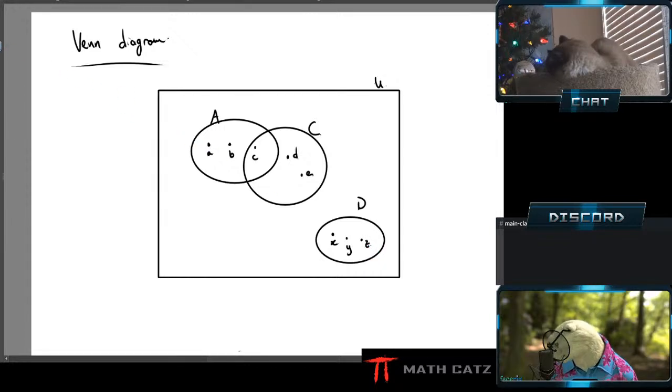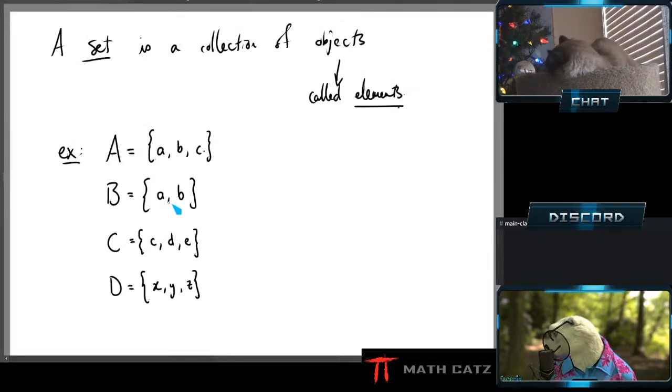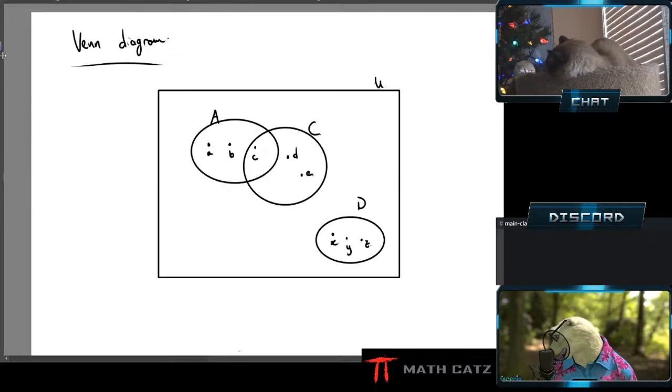And if we look at set B, well, that contains little a, little b, so that'll be over here. So you see now the subset concept is literally, in terms of the Venn diagram, B is contained inside A. B is inside A because everything it has is already in the A circle. I'll call these circles even though they're not perfectly circular.